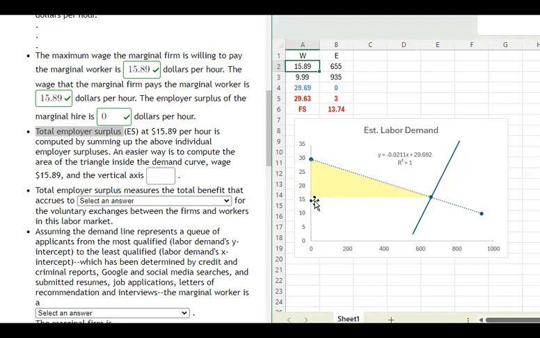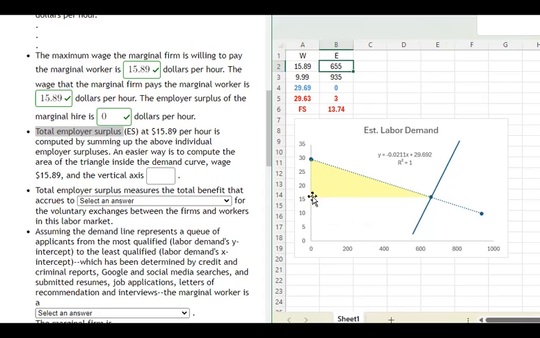And the width of this triangle is the difference between the number of employees hired, which is 655, minus 0. So the length of this edge is 655.